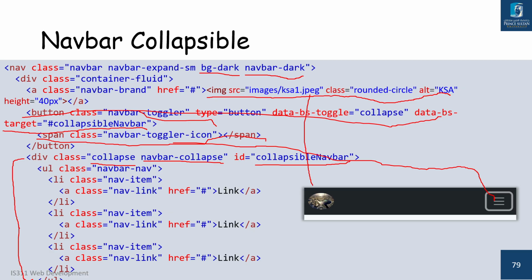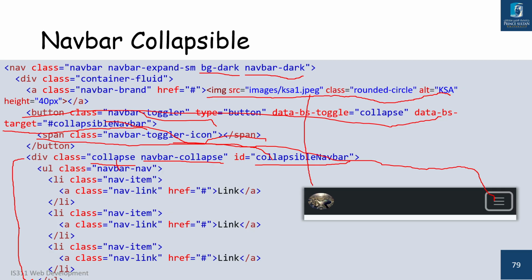So this name and the ID here, you know this name, that is the collapsible. So this name should be exactly the same as this one. Any questions so far?